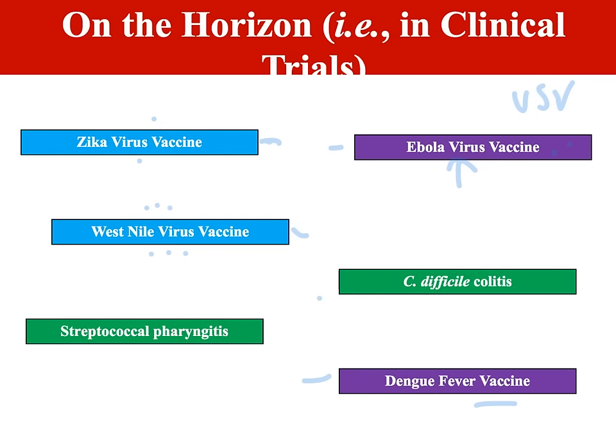The last 2 I'll bring up are in their last phases of trials, and they are both toxoid vaccines. One is to prevent C. difficile colitis. It's also called pseudomembranous colitis. You may have heard this referred to as C. diff. This is a really, really rotten infection, and it's something that patients tend to suffer with for quite some time, and it's hard to get rid of once you have it.